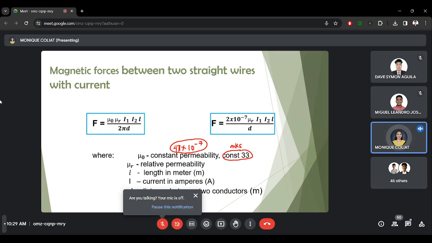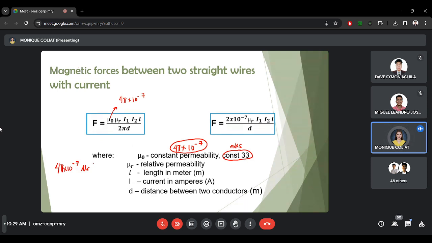Okay, so in MKS, si mu O ay 4 pi times 10 raised to negative 7. You can simplify this formula. This will be 4 pi times 10 raised to negative 7 mu R I1 I2 L over 2 pi D. You can simplify this by dividing this 2. Cancel pi. 4 divided by 2 is 2.